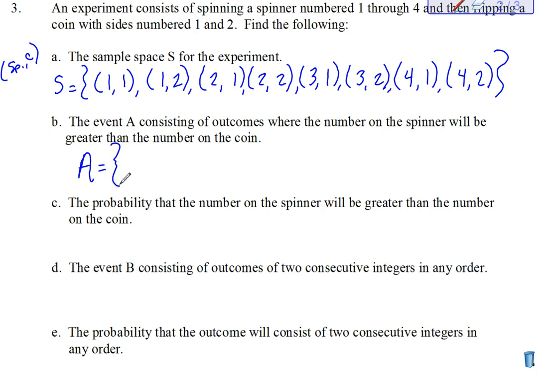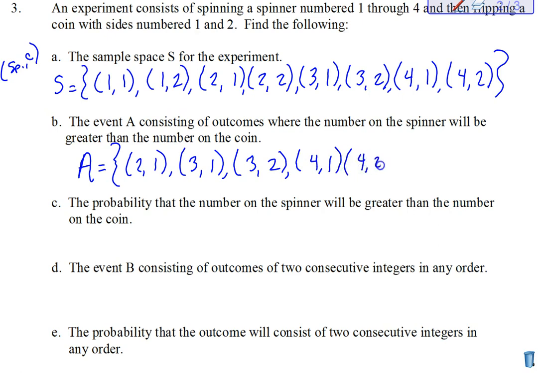Here they're equal. The second one, the spinner's less. The first one I see is 2, 1. That's the first one where the spinner number is greater than the coin number. The next one would be 3, 1. And then I have 3, 2. And then 4, 1. And 4, 2.